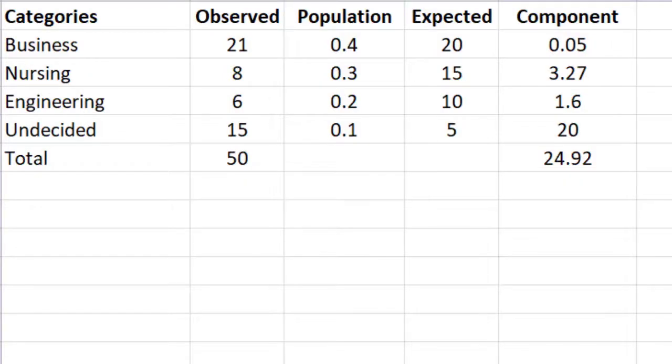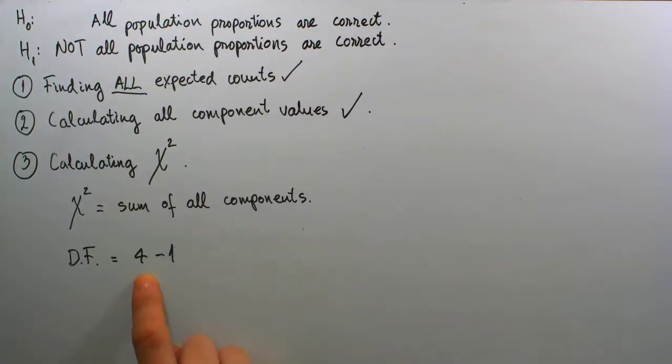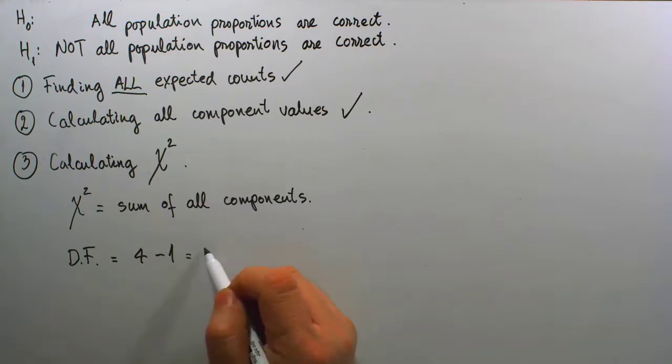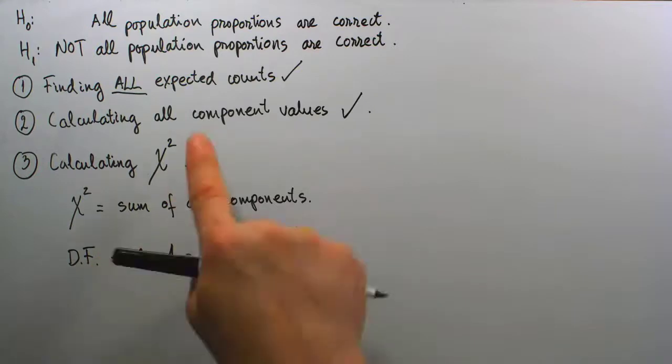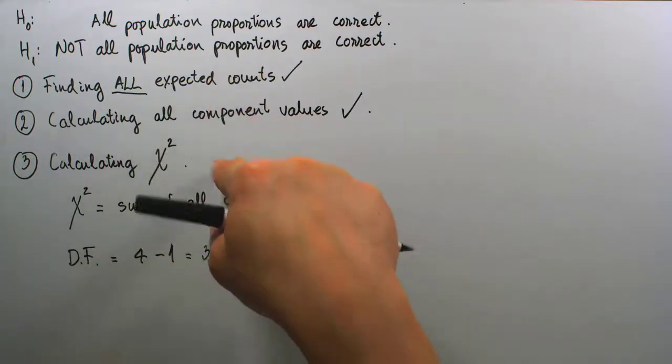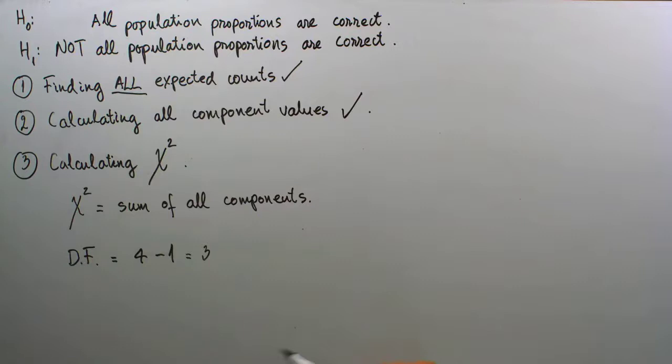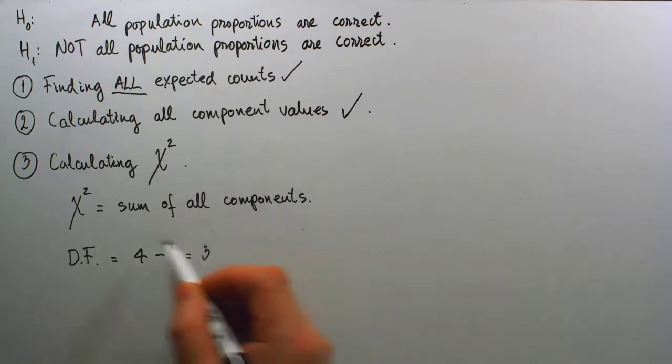We organized our problem into a table, but in the end, this problem works with 4 categories. So degrees of freedom for our problem is 4 minus 1. I'm saying it's not a formal step because it can be taken at any other point, and it's not dependent on any of these steps. So our degrees of freedom is 3.